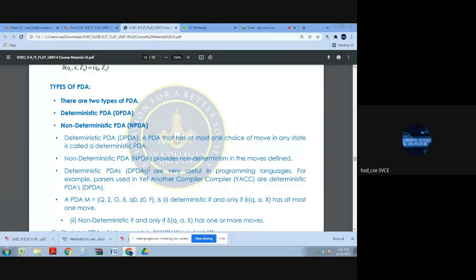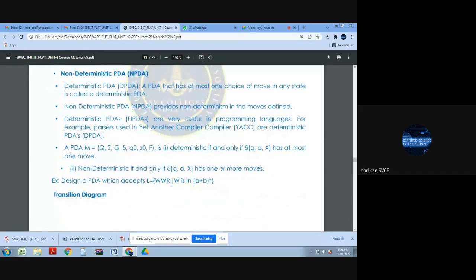Deterministic PDAs are very useful in programming languages. A PDA is non-deterministic if and only if delta of q comma a comma x has one or more moves.